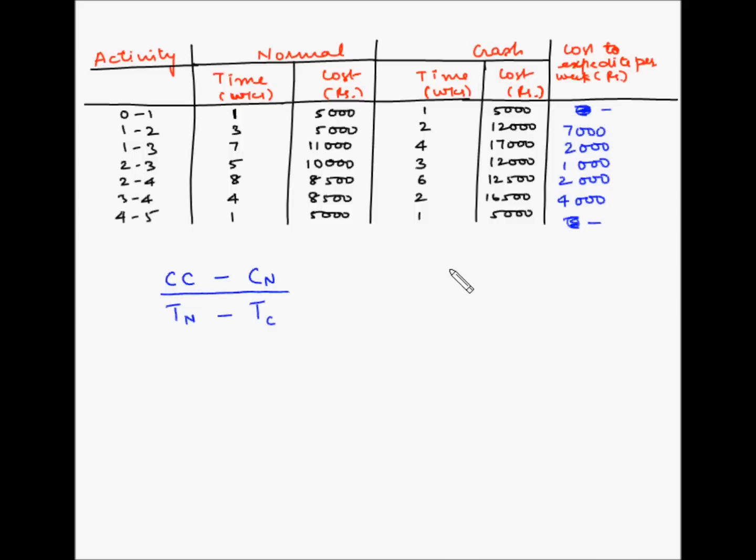So now earlier we had identified 3 possible paths. So let's note that down. So 0, 1, 2, 4, 5, which had a duration of 13 weeks. 0, 1, 2, 3, 4, 5, which has a duration of 14 weeks. 0, 1, 3, 4, 5, which again has a duration of 13 weeks.